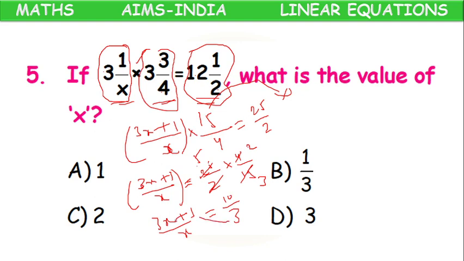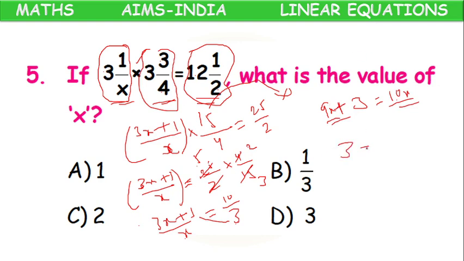Cross multiplication. First numerator, second denominator. 3 into 3x, 9x plus 1 into 3, 3 equals to x into 10, 10x. So here 9x is there, here 10x is there. 10x is more than 9x. Let's take 9x that side.